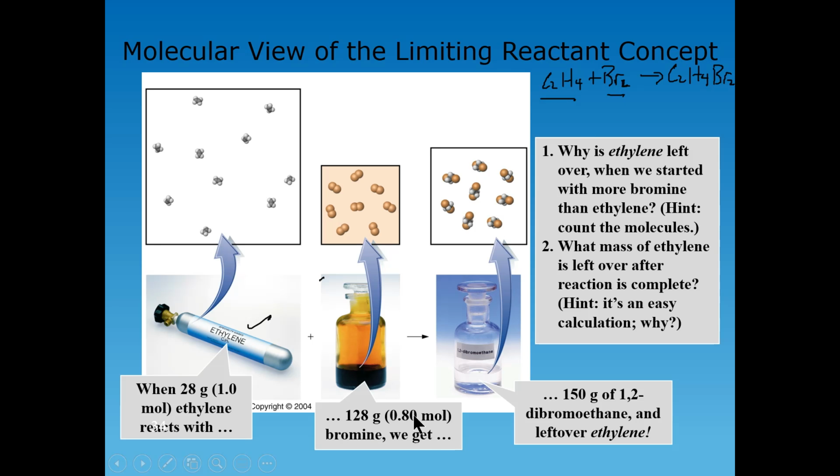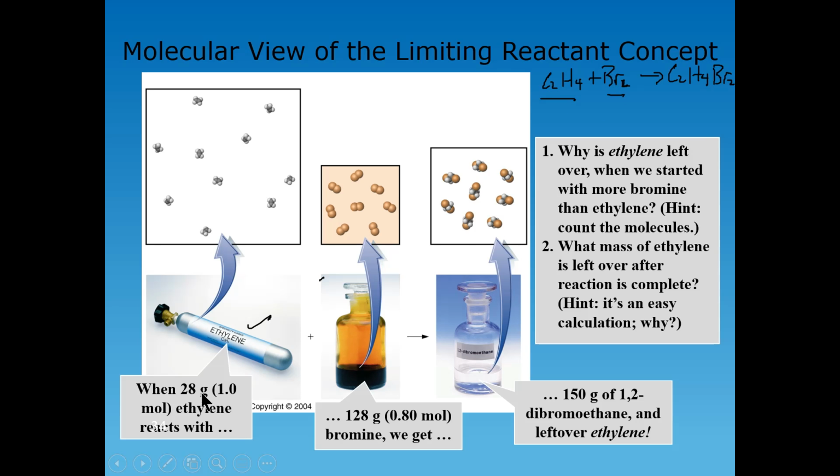So obviously that means that in this particular reaction, given the amounts that we're starting off with, the bromine would be the limiting reactant, right? Because you have 0.8 moles of bromine compared to 1.0 moles of the other reactant, which is ethylene. So what that means is that 0.8 moles of bromine is going to react with 0.8 moles of ethylene, right?